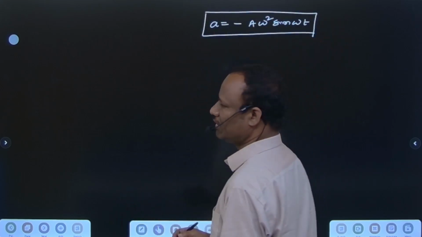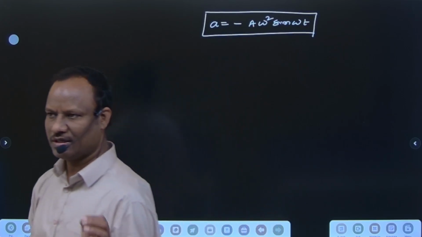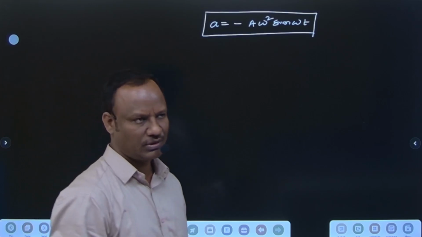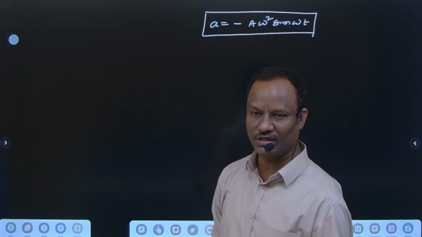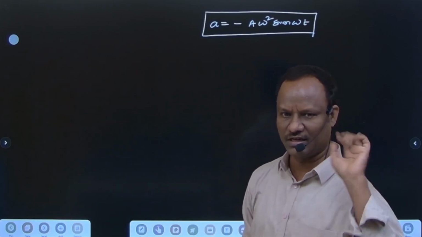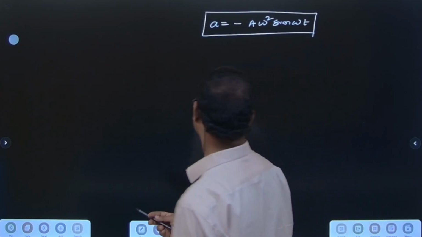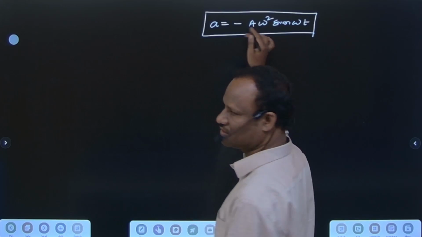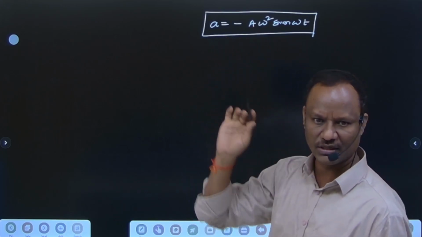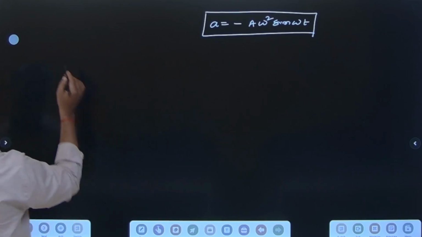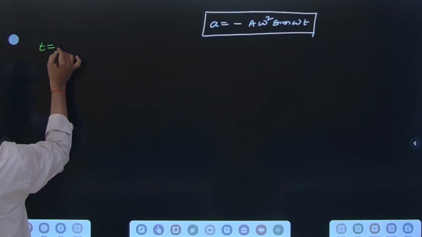Let me take t equal to 0, t equal to T by 4, t equal to T by 2, t equal to 3T by 4, and t equal to T. Four cases, let us do, then see graphically. We understand the maximum acceleration is A omega square.